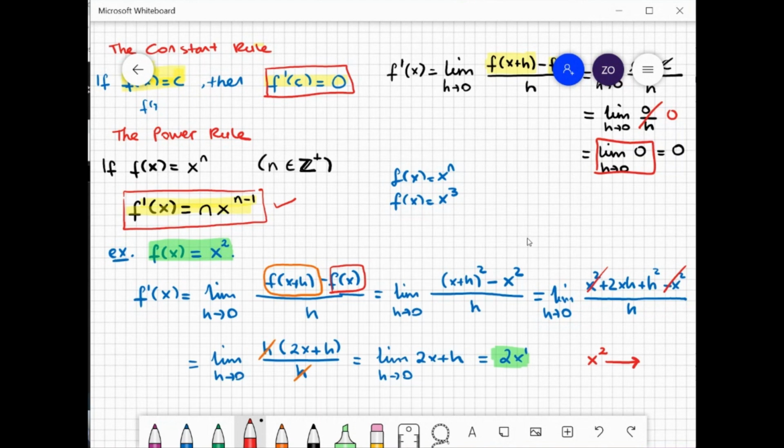When you find the derivative of x squared, the rule tells us to put the exponent to the front and decrease it by 1, which is going to give us 2x. So we just confirmed that this rule holds for the x squared function, for n equals 2.